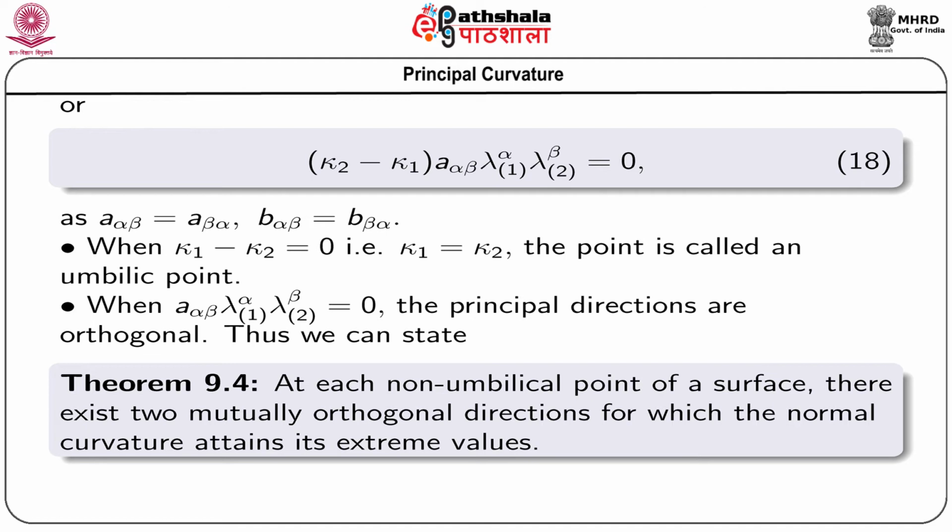So, at each non-umbilical point of a surface, there exist two mutually orthogonal directions, because a alpha beta lambda 1 alpha lambda 2 beta equals to 0. So, we get two mutually orthogonal directions for which the normal curvature attains its extreme values.